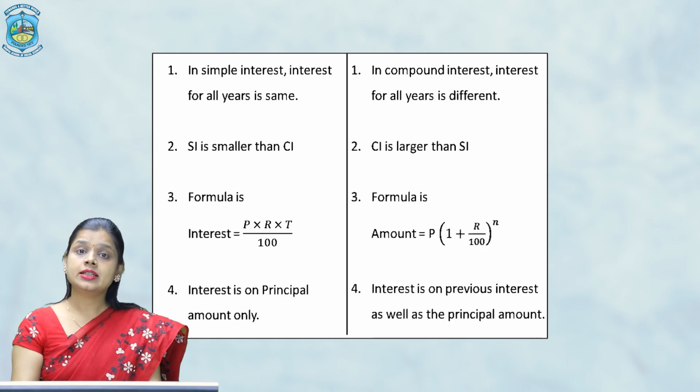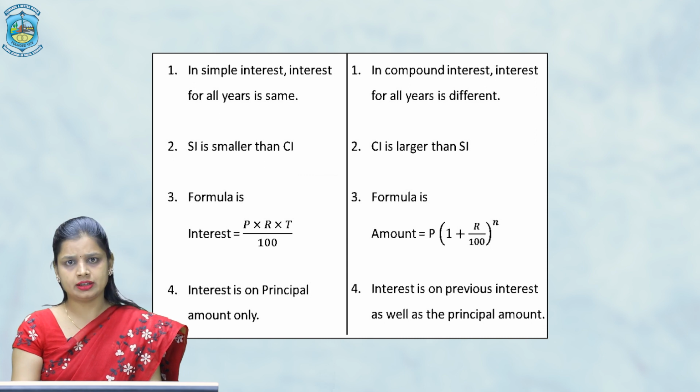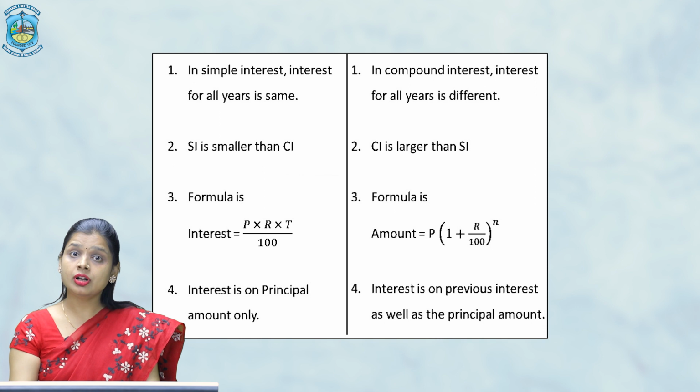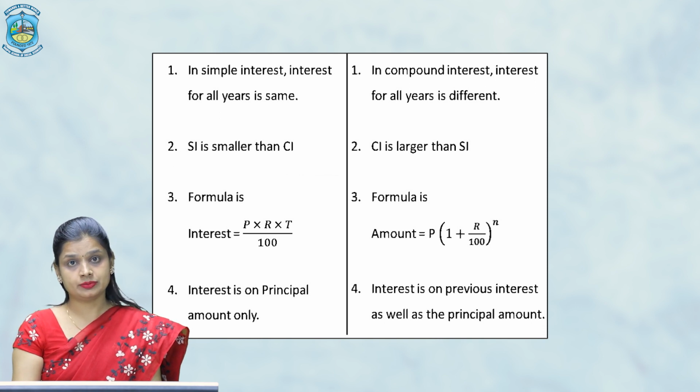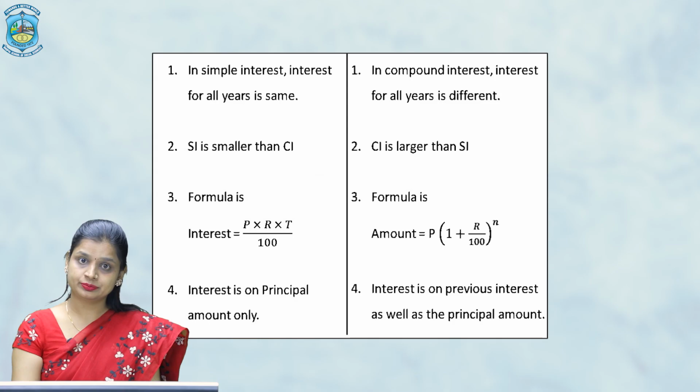Now, we may find the difference between simple interest and compound interest. In simple interest, interest is the same for all the years. In compound interest, interest for each year is different. Simple interest is smaller than compound interest, and compound interest is larger than simple interest.